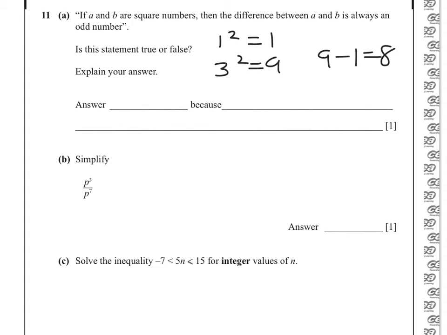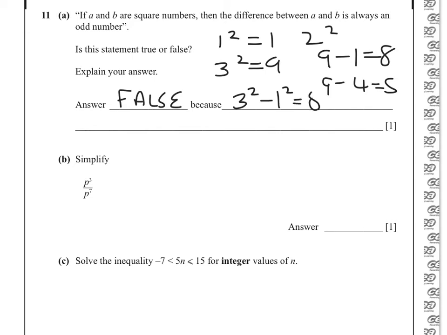If I do 2 squared, that would be 9 take away 4, which is 5. So it is false. We're sometimes going to get an odd number answer and sometimes we're going to get an even, and that would be because 3 squared take away 1 squared is 8, which is even.